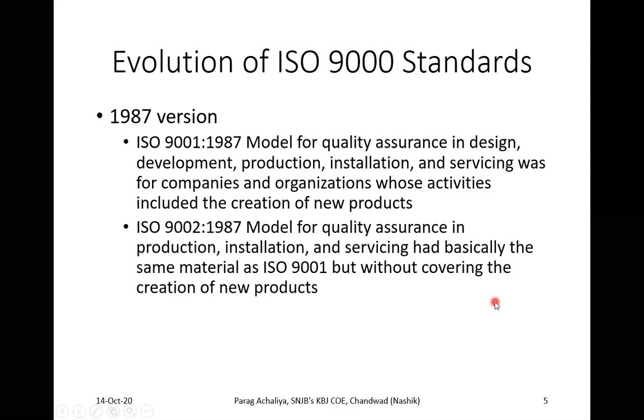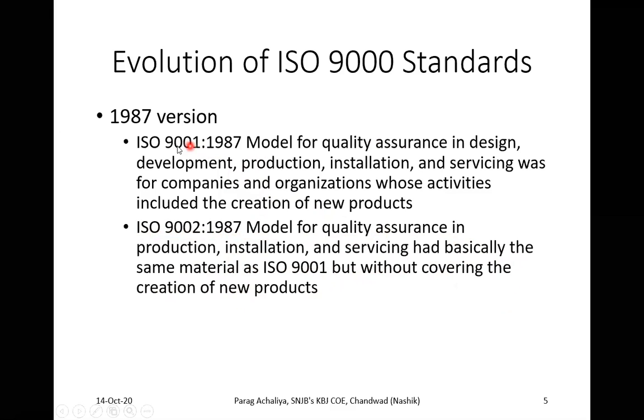This is the 1987 version. Then in 1987 they introduced another version, the ISO 9002 1987 model for quality assurance in production, installation and servicing. It had basically the same material as 9001 but without covering the creation of product.